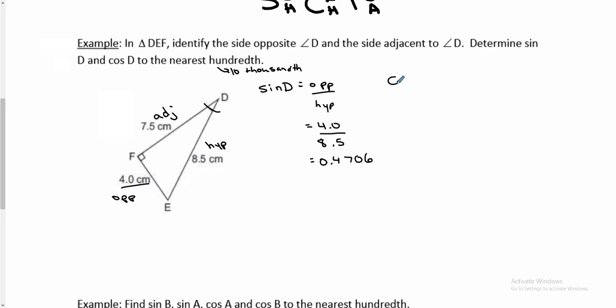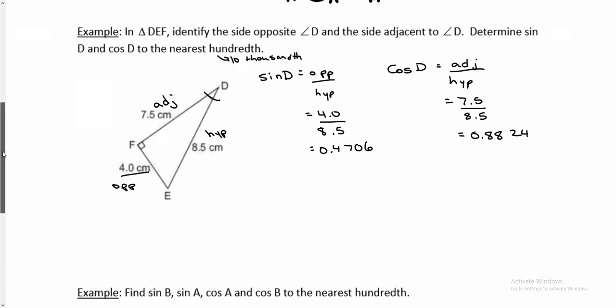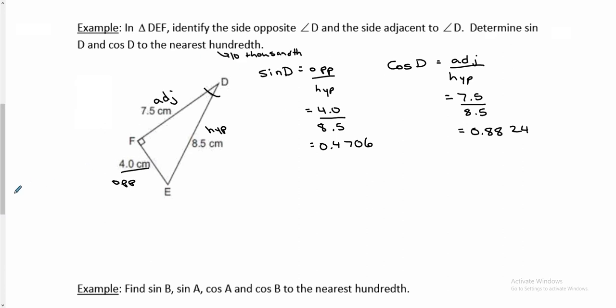Our cos D is equal to adjacent over hypotenuse, which gives us 7.5 over 8.5. 7.5 divided by 8.5 gives us 0.8824. And this just wants us to find it to the nearest hundredth, so we're not trying to find our degree.